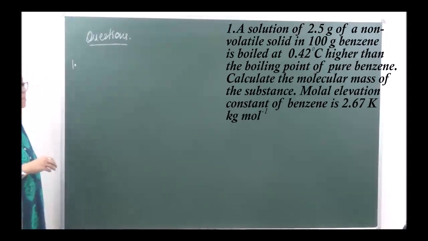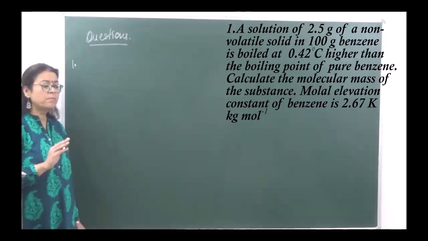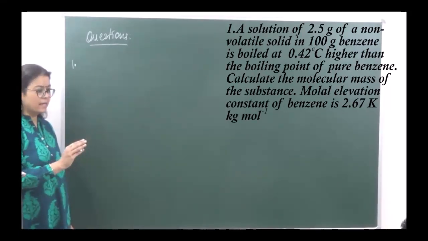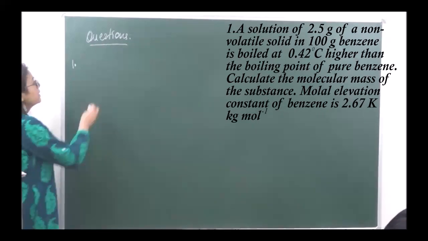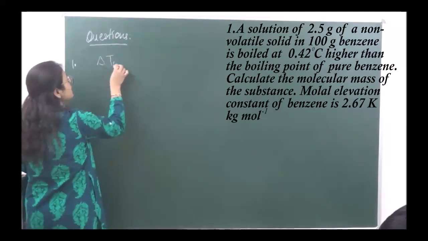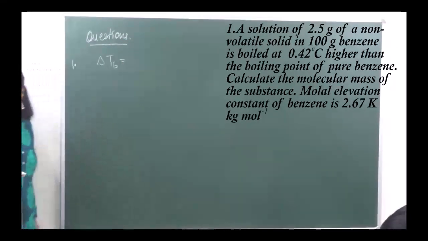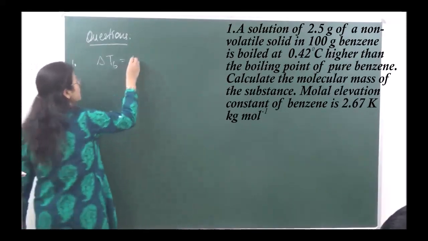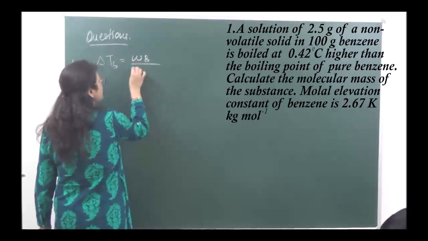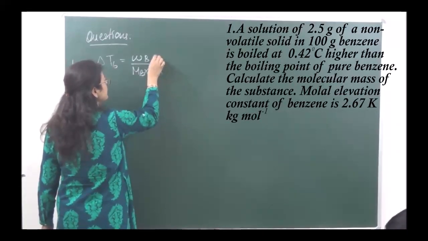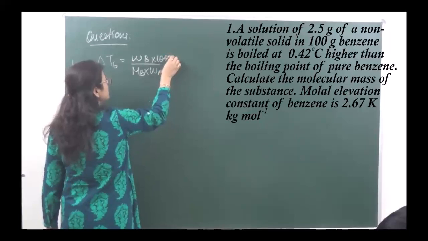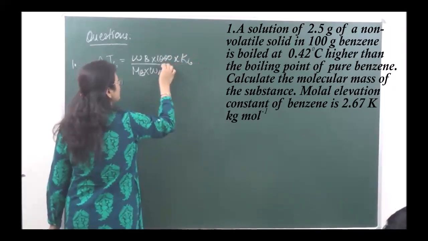So this is a very simple question in which you have to only apply the formula directly, right? Now for elevation in boiling point, what is going to be the formula? Delta Tb is equal to Wb upon Mb into Wa into 1000 into Kb.